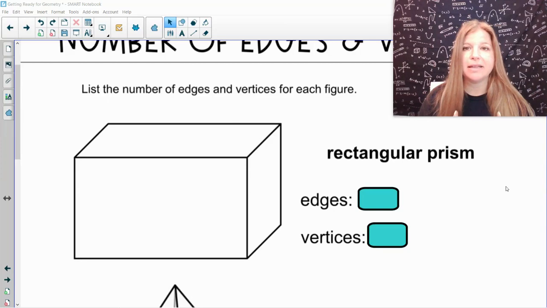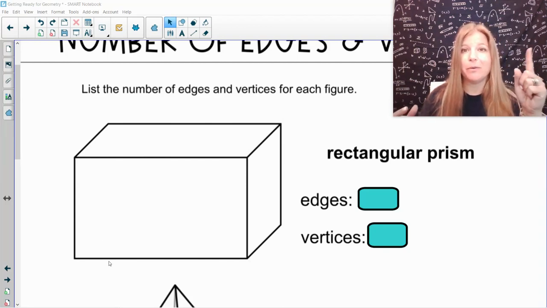The directions say list the number of edges and vertices for each figure, a rectangular prism. So it's a box. It's basically just a box. If I wanted to talk about the edges, I could say, okay, well, I have 4 edges on top and I have 4 edges on the bottom. Now think about a rectangular room that you may be in. You have 4 edges around the top, right, where your ceiling is.